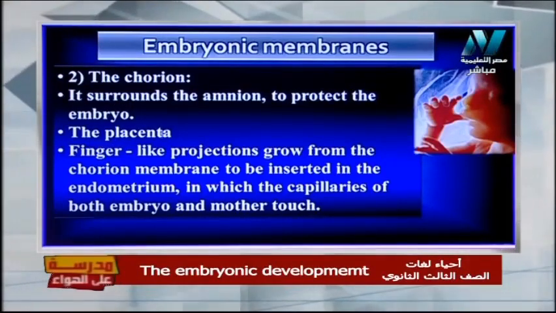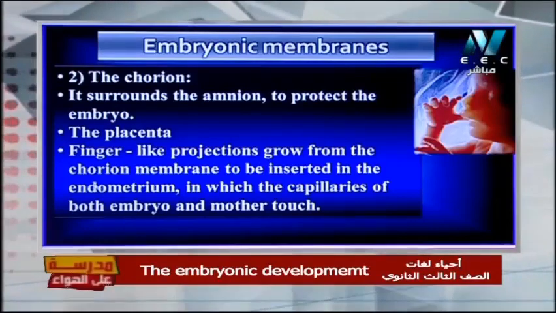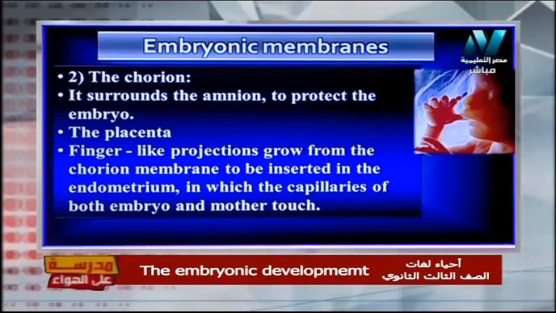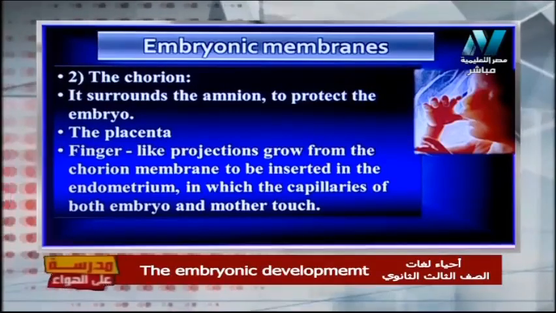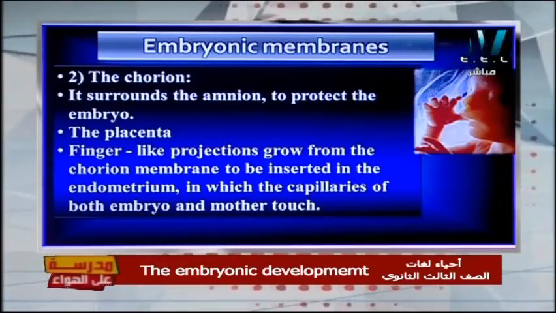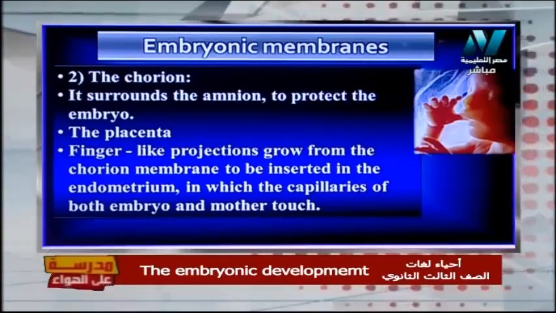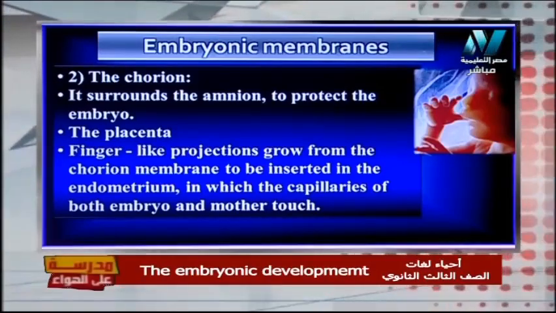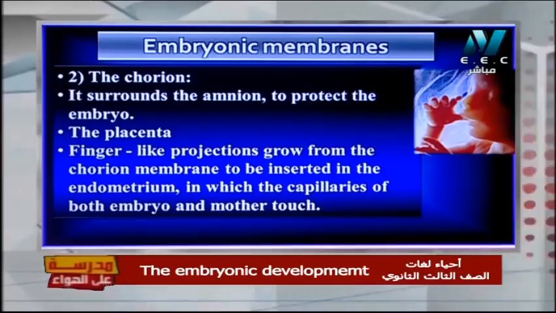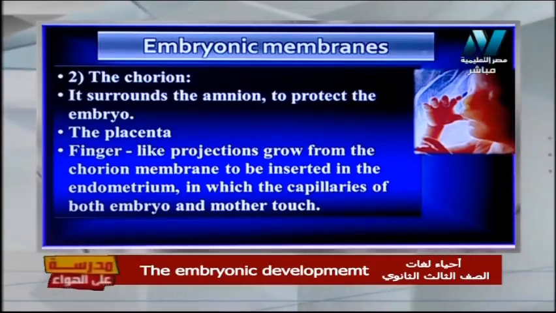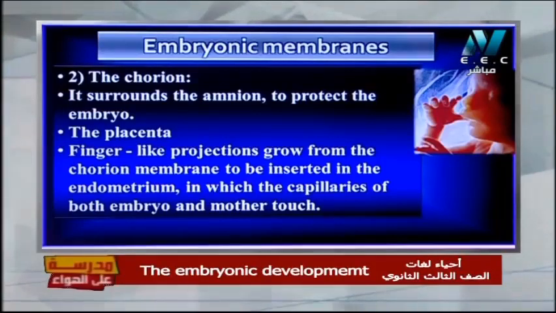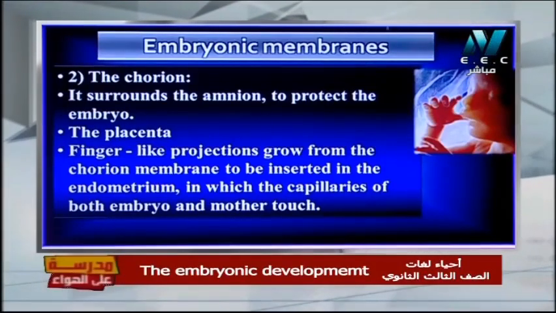The placenta is the finger-like projections that grow from the chorion membrane to be inserted in the endometrium, in which the capillaries of the embryo and mother touch. يبقى الحقيقة كان عندنا الouter membrane ده كان الchorion. The edges of the outer membrane are connected to form the villi or the placental villi, but the inner membrane, which is the amnion, the edges of the amnion are collected together to form the umbilical cord that connects between the placenta and the small intestine of the fetus.